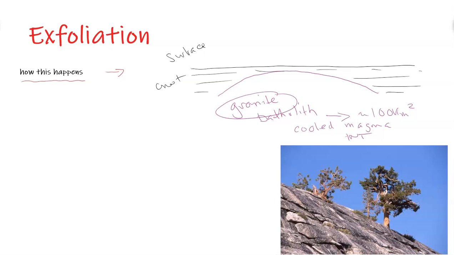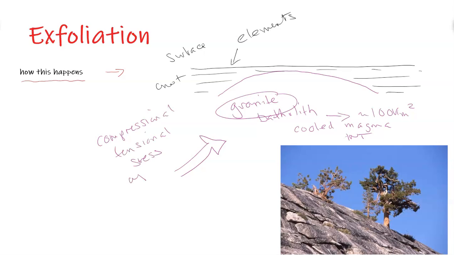Now, currently it's underground, so it's not exposed to the elements, just obviously the surface layer is. However, if you do get some sort of tectonic compressional or tensional stress applied, maybe a convergent plate boundary, maybe just uplift like certain plateaus such as the Colorado Plateau, and you get uplift.